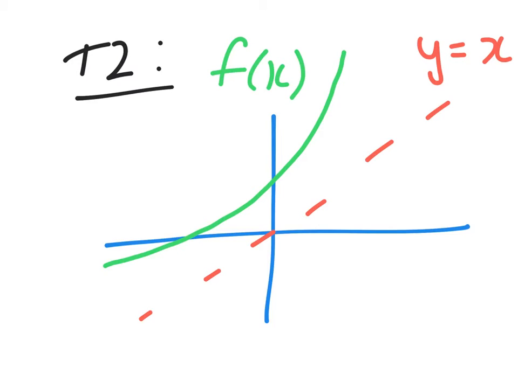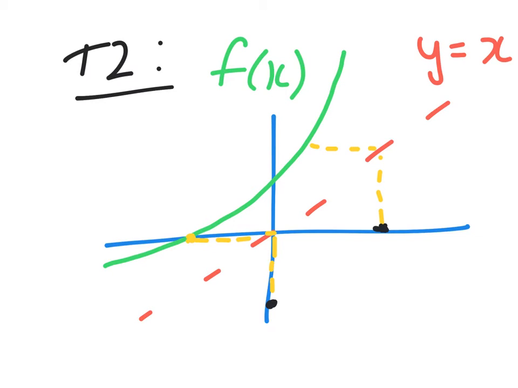What you do is you pick a couple of points on the function that you're given, and you go across horizontally until you meet the line y = x. And then whatever distance you've traveled across, you go that same exact distance down. That will give you a matching point on the inverse function. So if you do that with 2 or 3, I'm going to pick this point here, marked in yellow, go across till it meets the line y = x, and go down the same amount, and it gives you something here.